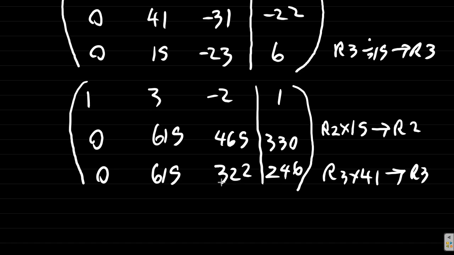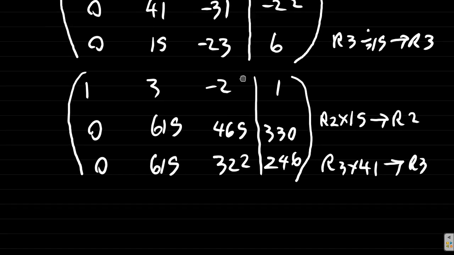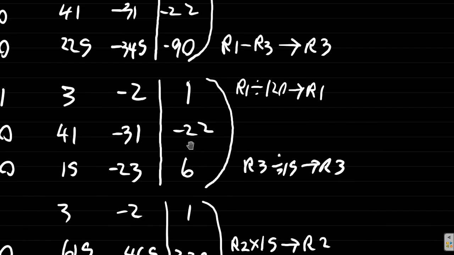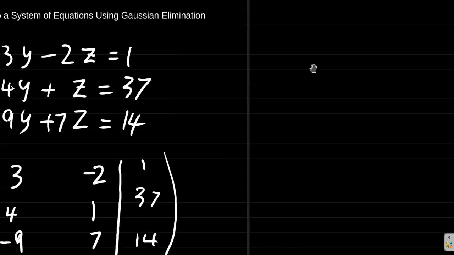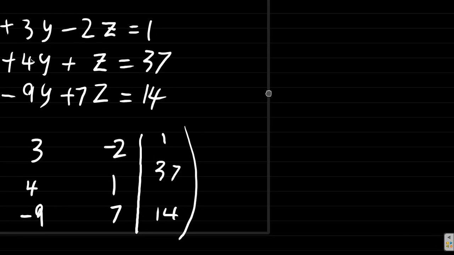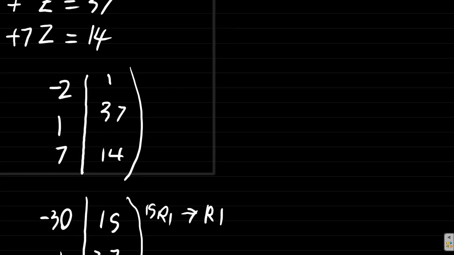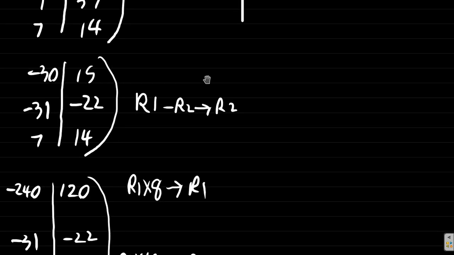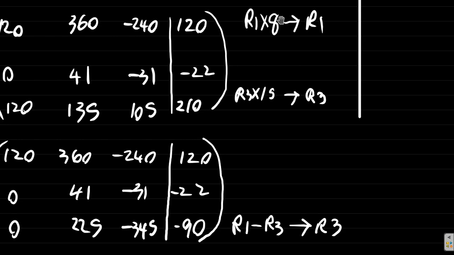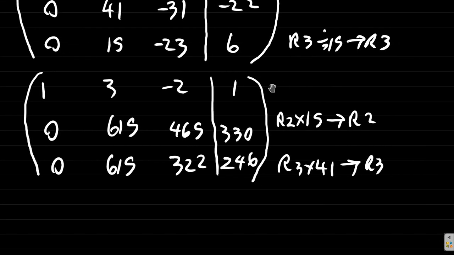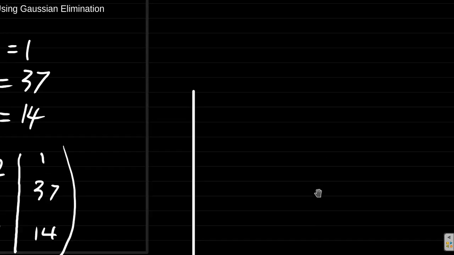Now, in our next step, we can't scroll down any further, so let us go back up here and write down our next steps. Let's just partition the board with a line. All right, so what we have: 1, 3, negative 2, 1.